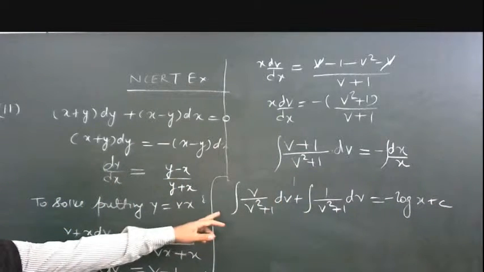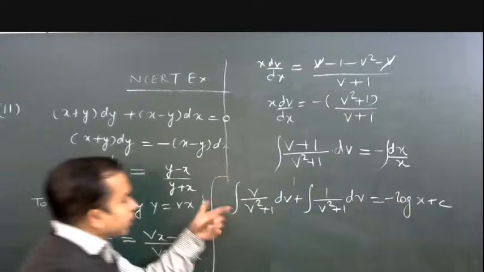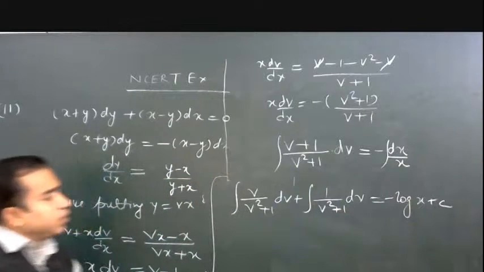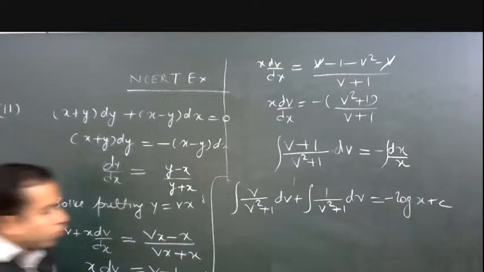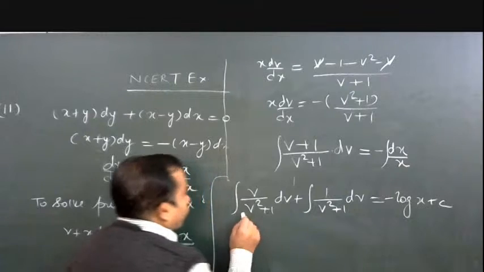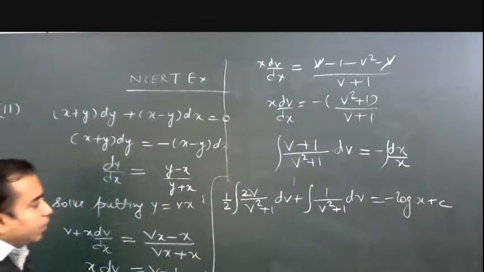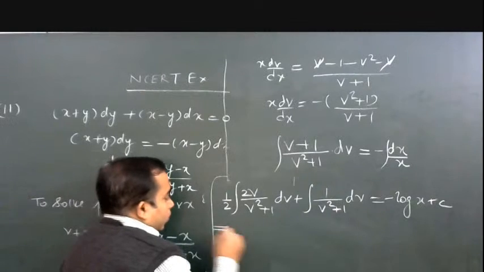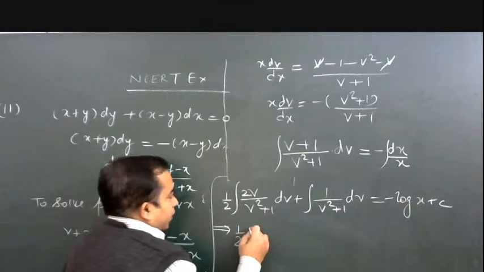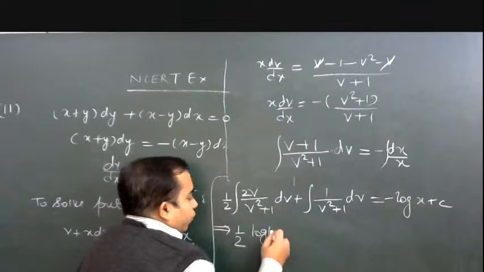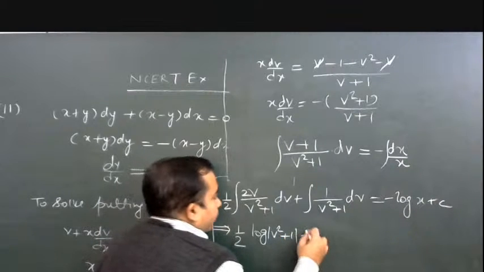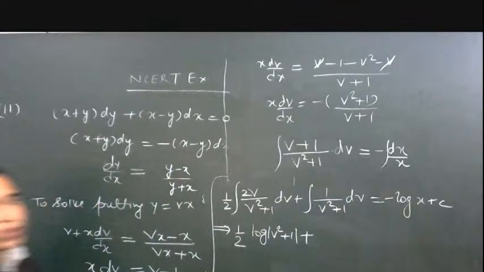Then here v upon v square plus 1, you can create the derivative of the denominator. The derivative of the denominator will be 2v, so 2 can be multiplied here, half can be multiplied outside the integral, and now its integral will be log of the denominator, half log of v square plus 1, plus how much is the integral of 1 upon v square plus 1, Akriti?